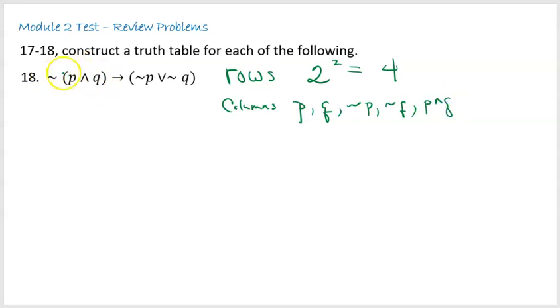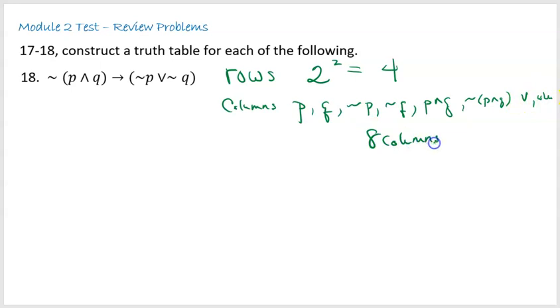But notice it gets negated, so then I need a separate not p and q. And then over here I have my parentheses not p or not q, so I have an or. And then I have the if-then statement, so that's the whole statement. So notice it gives me 1, 2, 3, 4, 5, 6, 7, 8 columns.